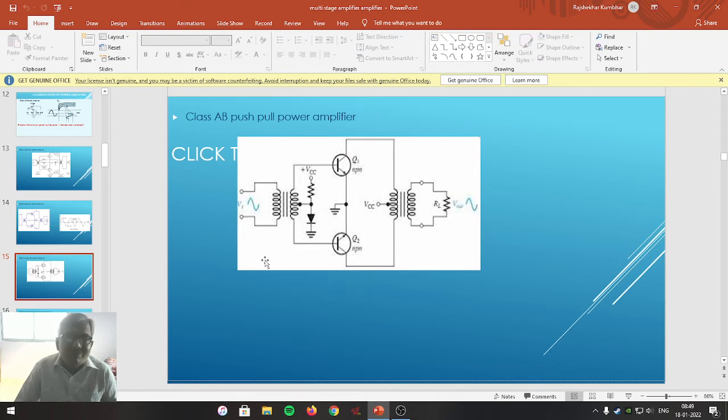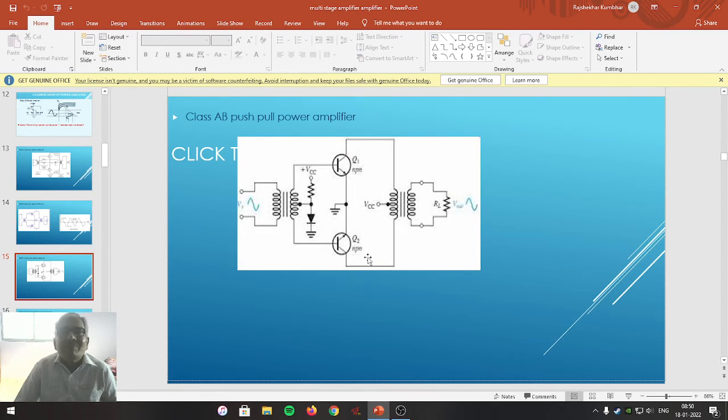Friends, as usual, when VCC is applied, naturally the diode will start providing the DC bias to the base of both the transistors, so that it will adjust the operating point of both the transistors in between the center of the load line and the cutoff point, so that they will work in class AB mode.